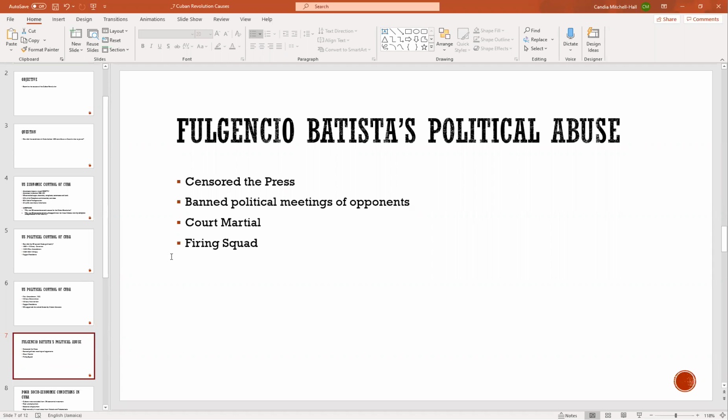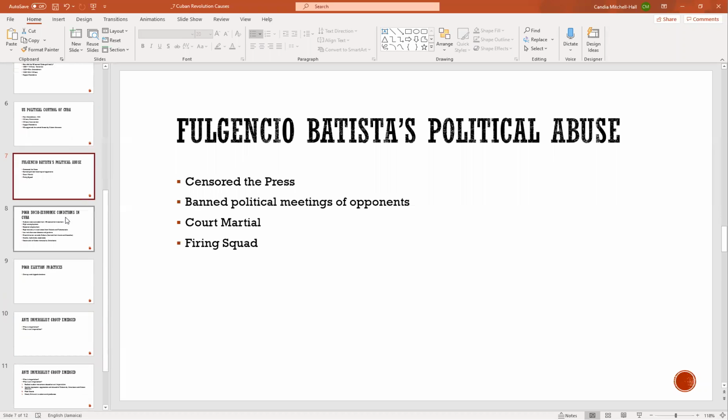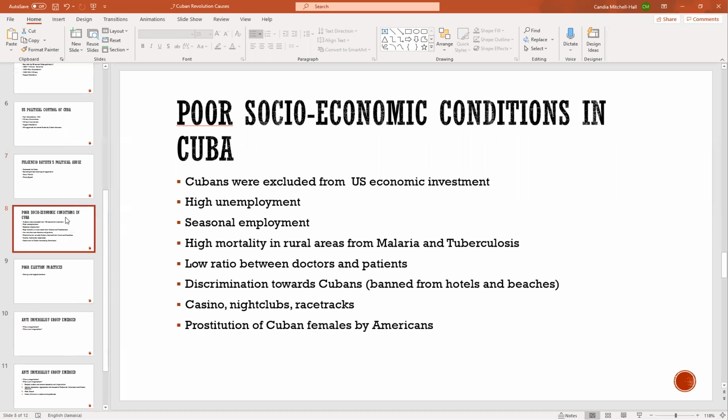Political abuse, and not only that, the US supported Batista's political abuse of Cuba. These are the examples of political abuse. Next, another cause. So one cause is US economic control. Two, US political control. Three, Batista's abuse. Go ahead, Bartley.